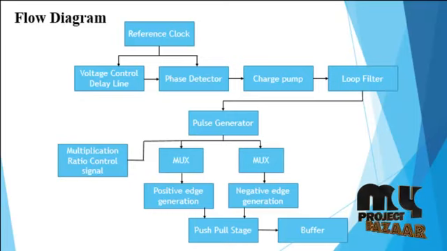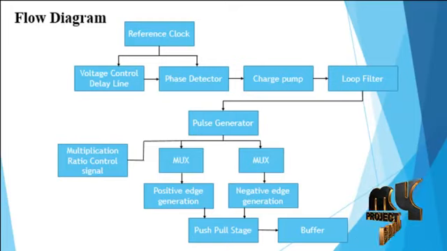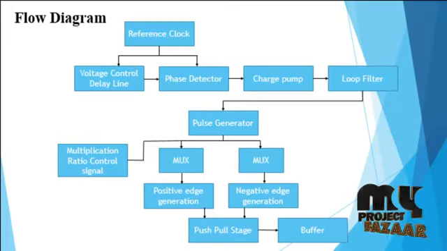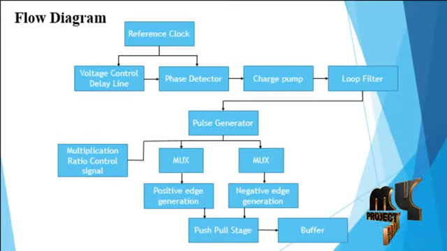This positive and negative edge generation output is directly applied to the high speed, highly reliable edge combiner. This edge combiner contains a push-pull stage and a buffer. The output of the multiplication ratio control logic is directly applied to the push-pull stage.